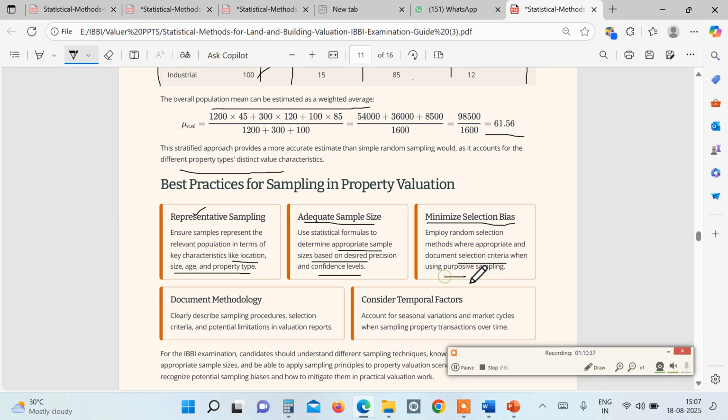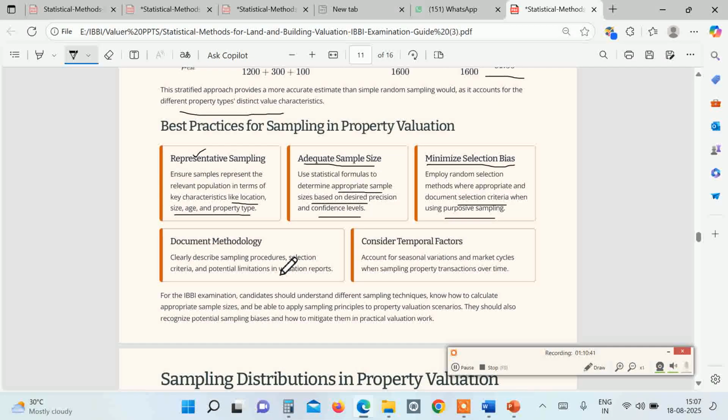And then for minimizing the selection bias, you should employ random selection methods where appropriate, and document selection criteria when using purposive sampling. So, what is a documented methodology in this case? Clearly describe the sampling procedures, selection criteria, and potential limitations in evaluation reports. Consider temporal factors. Account for seasonal variations and market cycles when sampling property transactions over time.